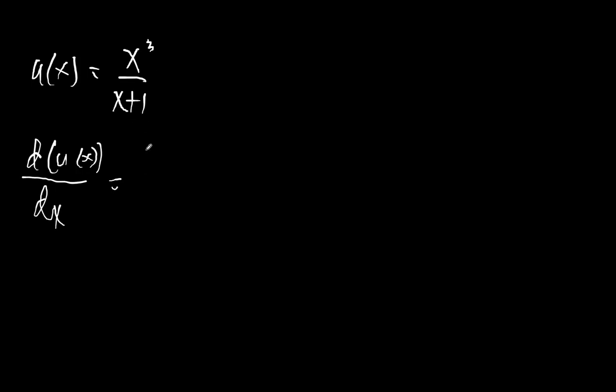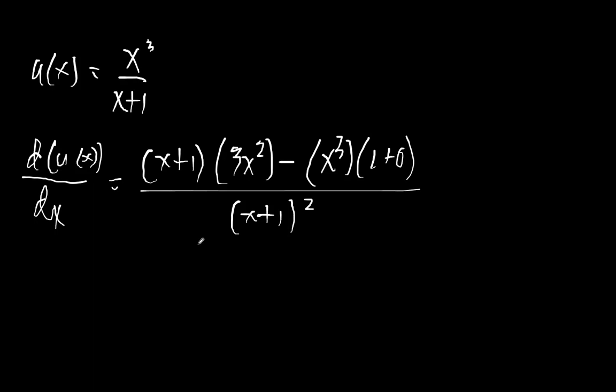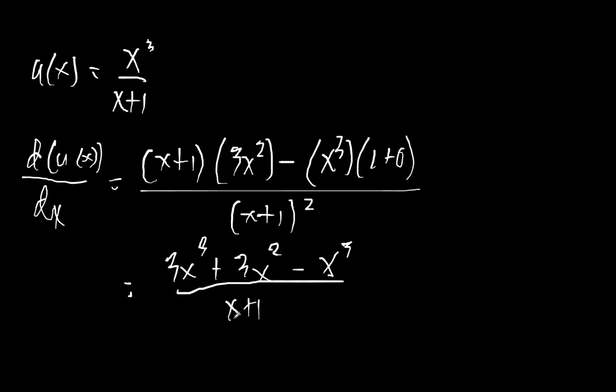So we have the denominator, x + 1, times the derivative of the numerator, that's 3x^2, minus the numerator, x^3, times the derivative of the denominator, that's 1 + 0, all over the square of the denominator, (x+1)^2. This is equal to, let's simplify, 3x^3 + 3x^2 - x^3 plus 0, all over (x+1)^2.